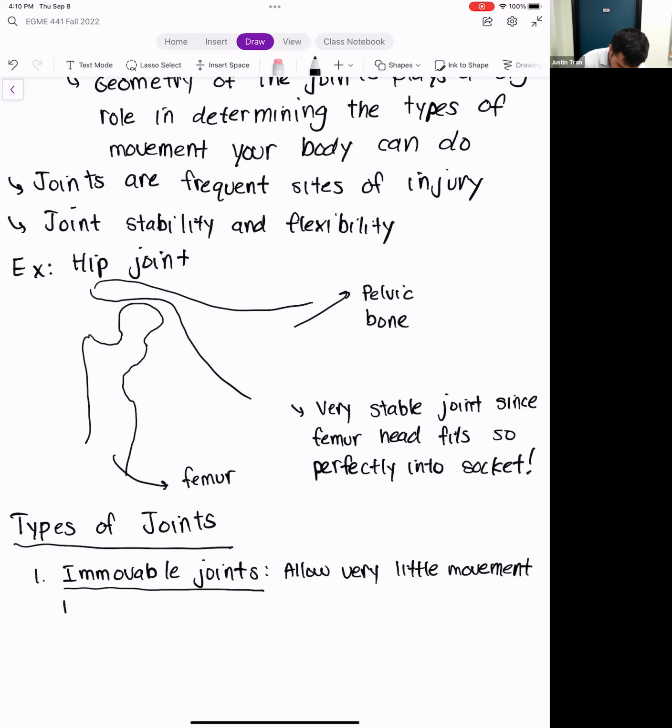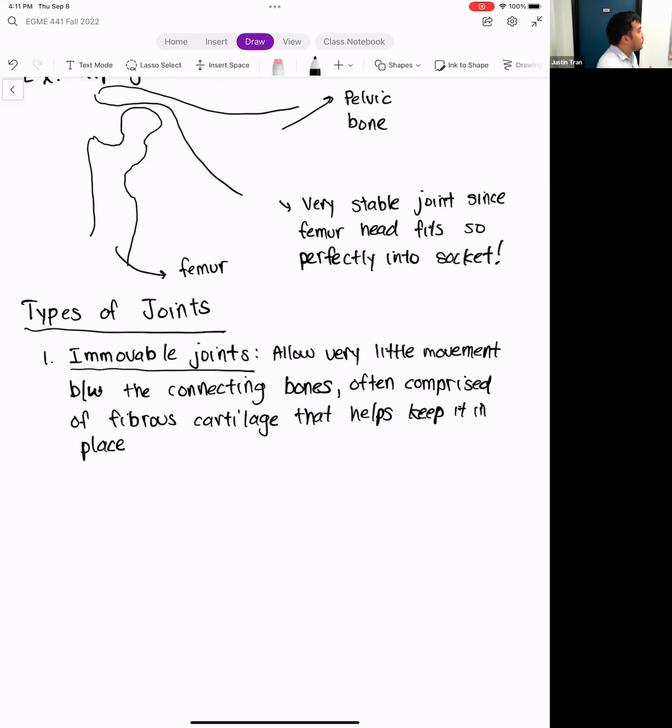These types of joints are mostly designed for absorbing and attenuating any kind of impact or any kind of force.